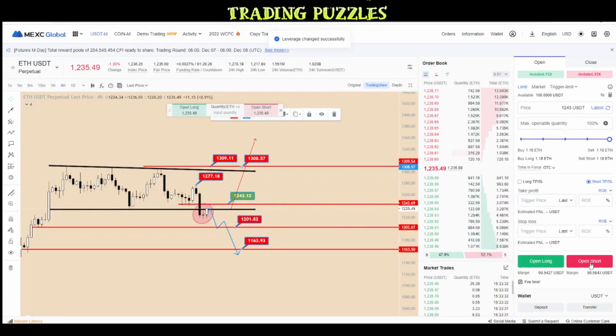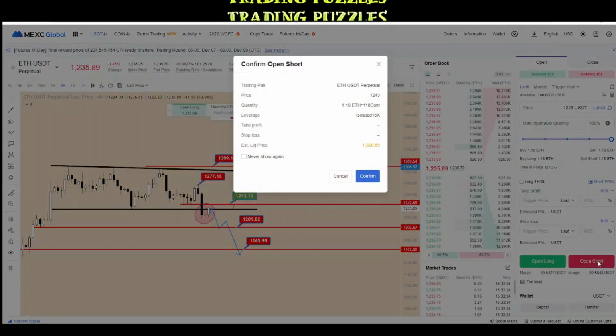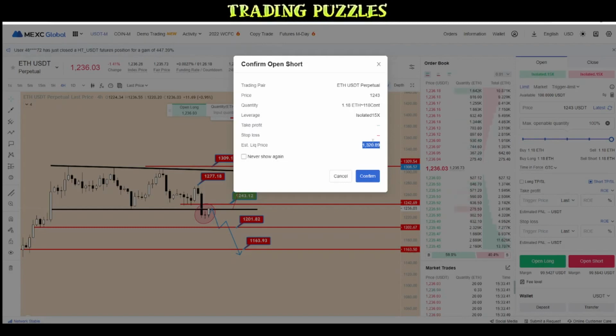And you'll see that if I'm going to press open short again, this is slowing down to 1,320. But now we are using a 15x margin. It means that we increase the margin to $1,500. So we are controlling $1,500 with only $100.